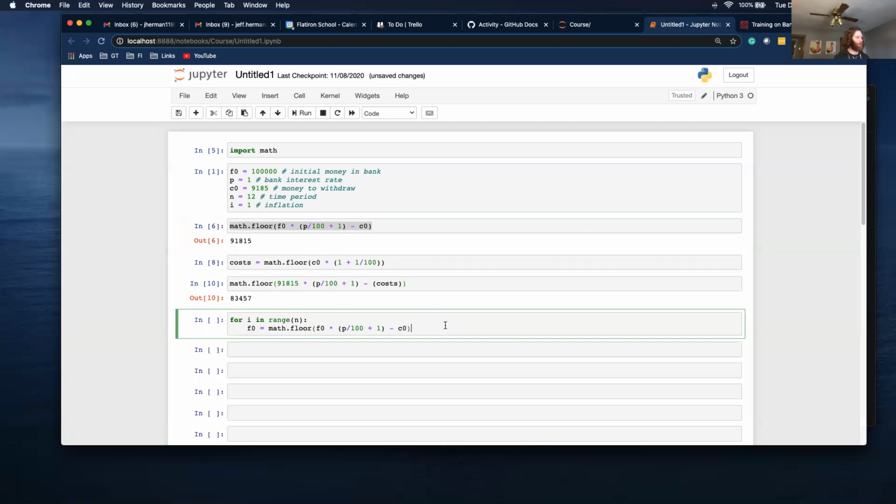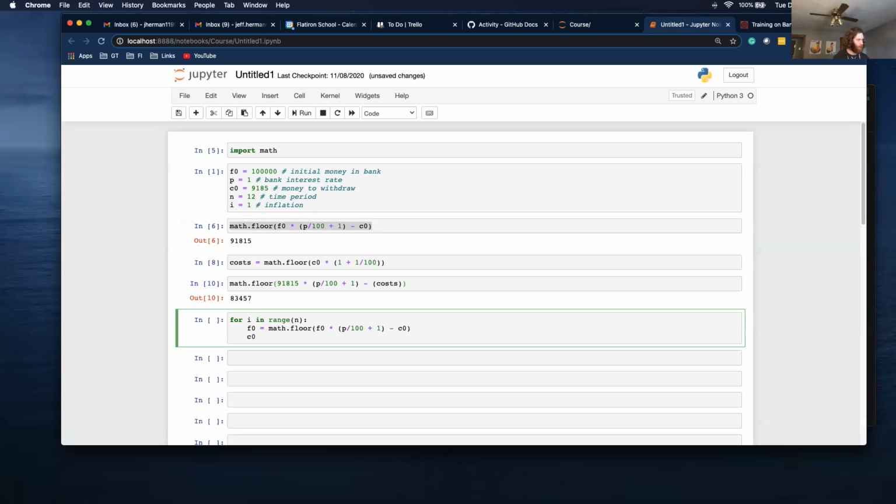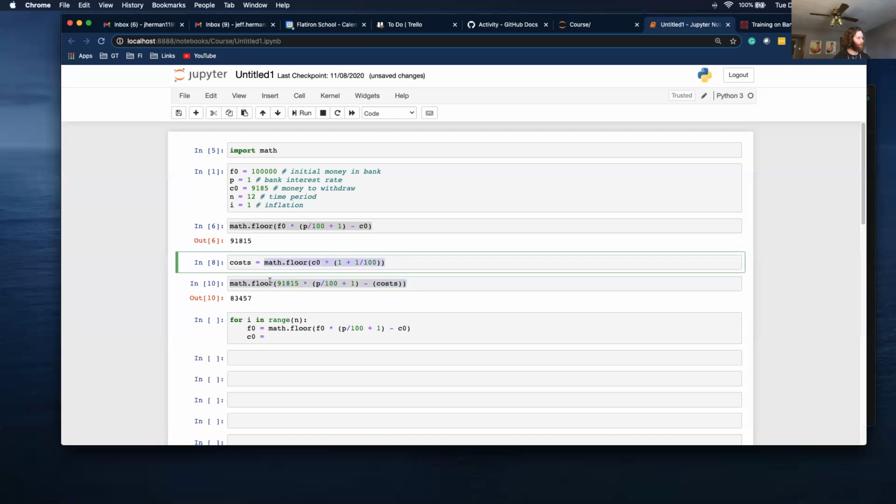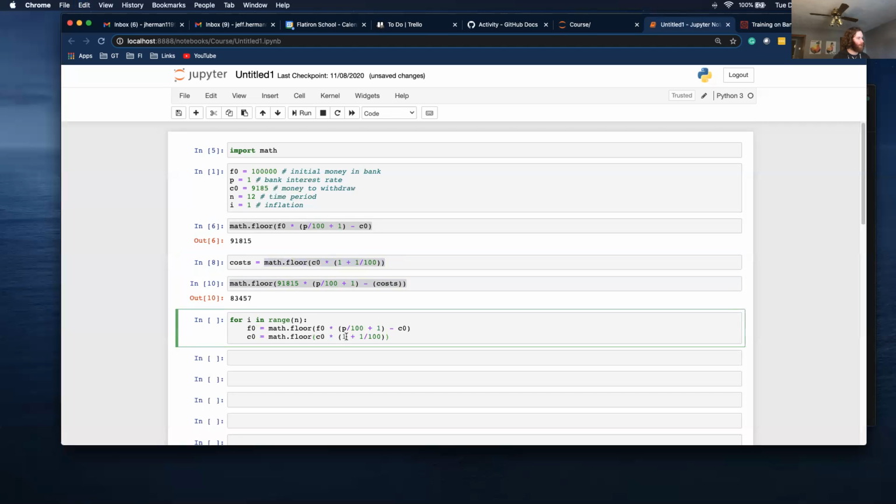I saw the C0 there and I was confused. This would be my C0, and this would be my inflation rate, which is I.